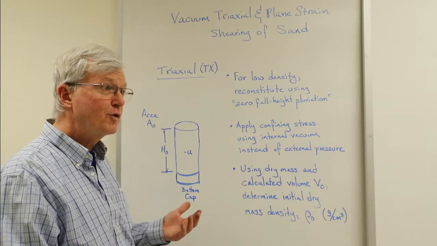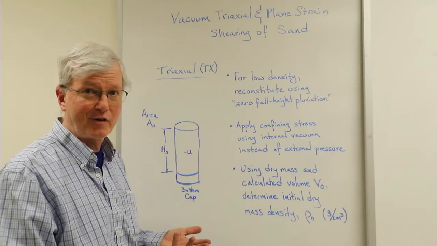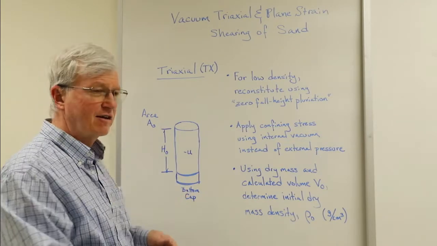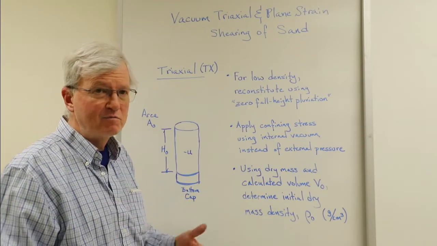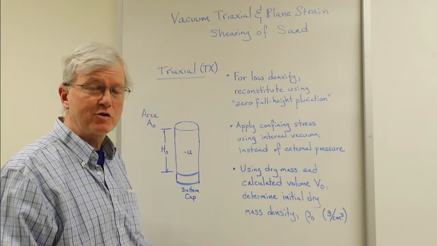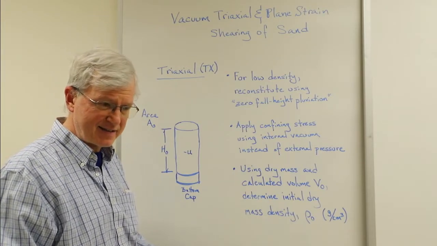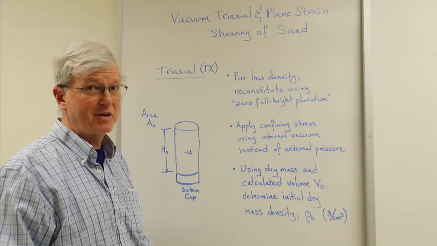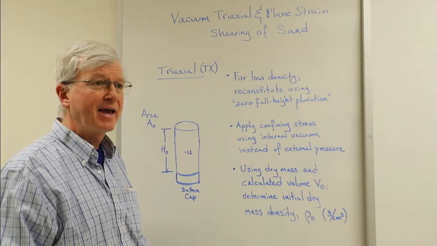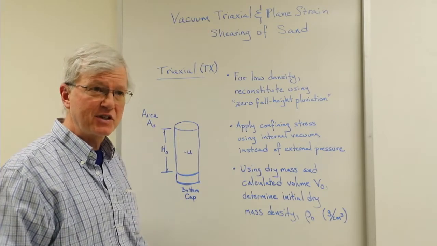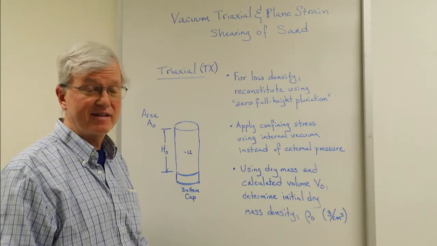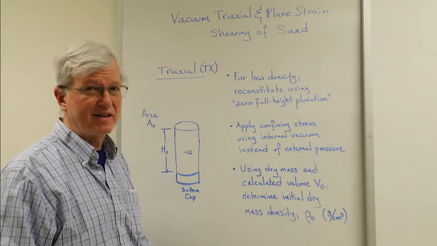The fluid in the pore space is air, which is very compressible, so even if we had closed a valve somewhere, the specimen can change volume. So this is really a drained test, but it's a drained test where we're not measuring the volume change.